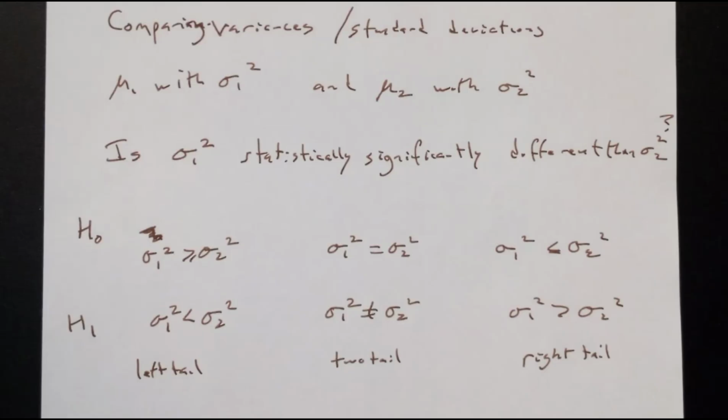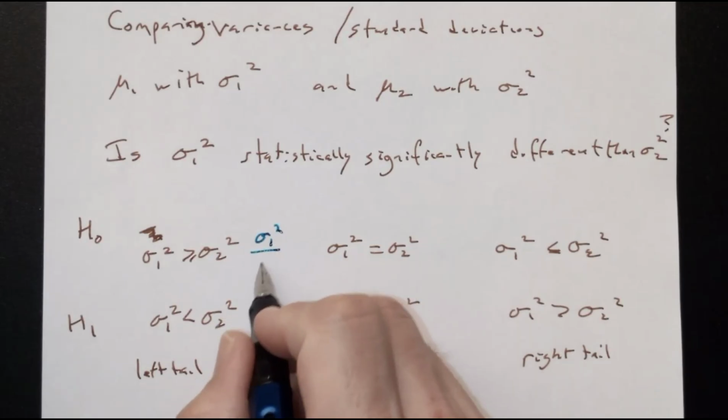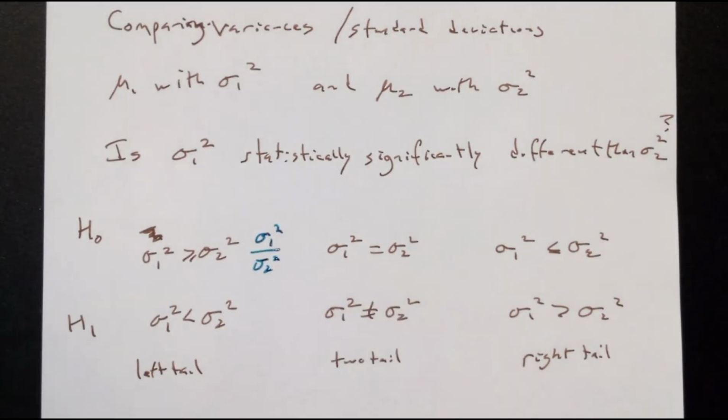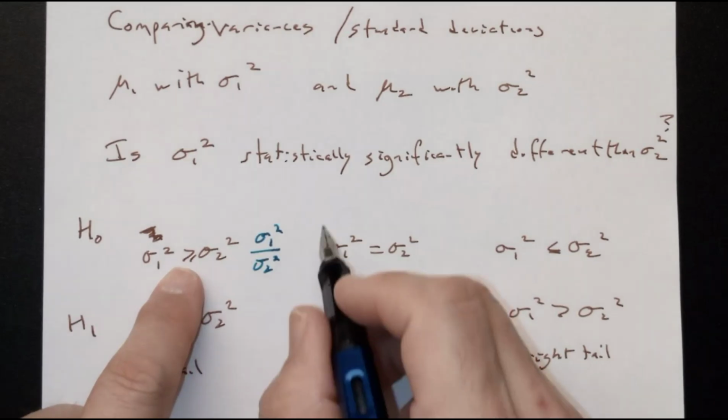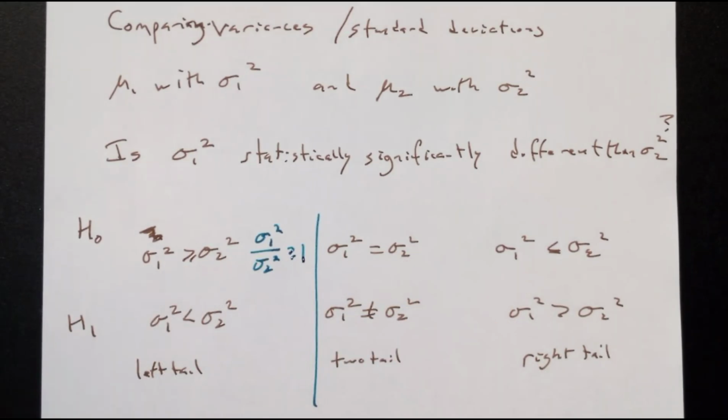Instead of looking at the variances against each other, I'm going to divide. And I'm going to think of sigma 1 squared over sigma 2 squared instead. And if I do that here, then I'm saying this is bigger than or equal to 1.